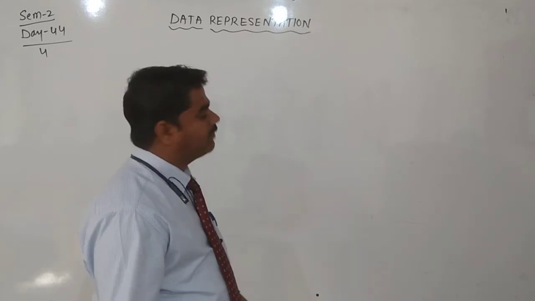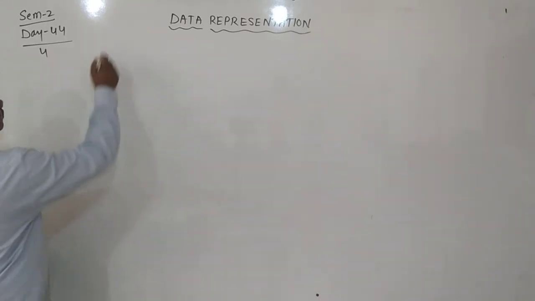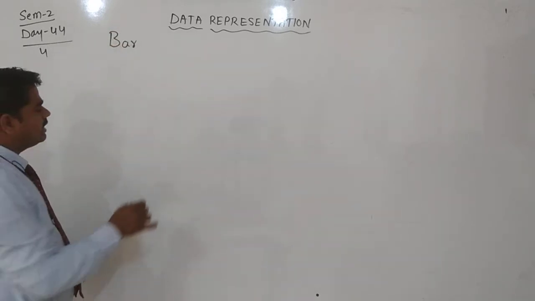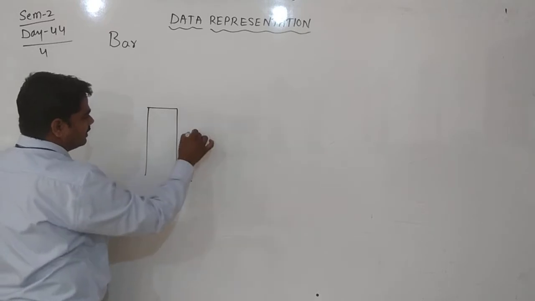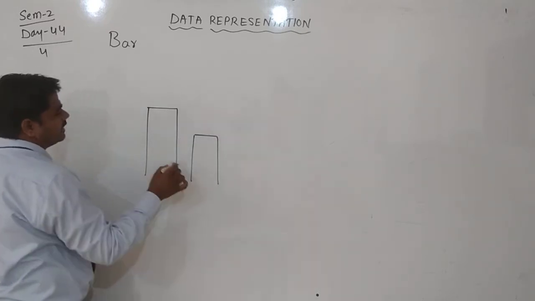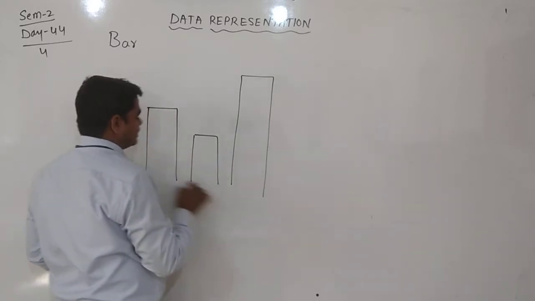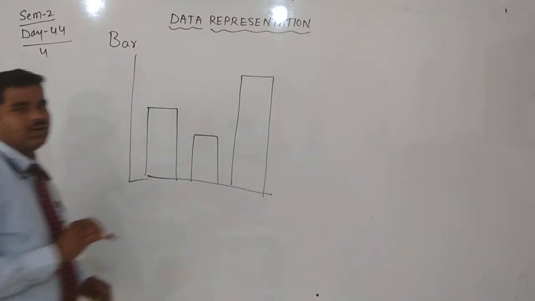Here we have one more graph, that is the bar graph. In a bar graph we use bars, rectangle-shaped bars. These rectangles may be horizontal or vertical.